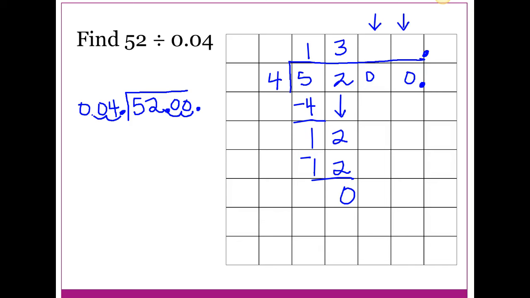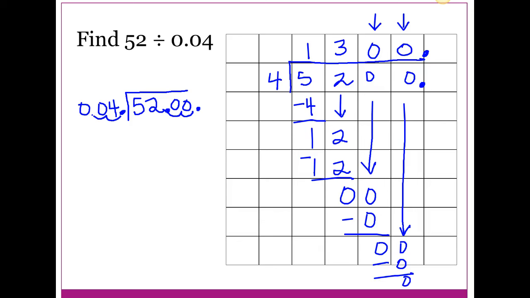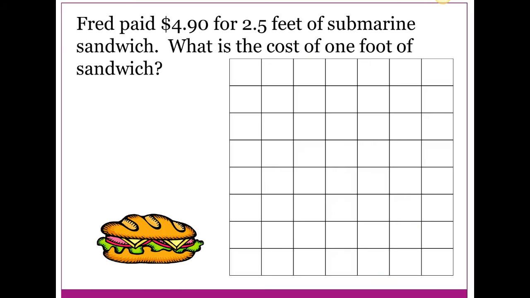Since everything's a 0, I know that if I continue to bring the zeros down and subtract, I'll be putting zeros in my quotient. The most important thing is to remember to finish the problem. There's a big difference between an answer of 13 and an answer of 1,300. Let's move on to our final problem.